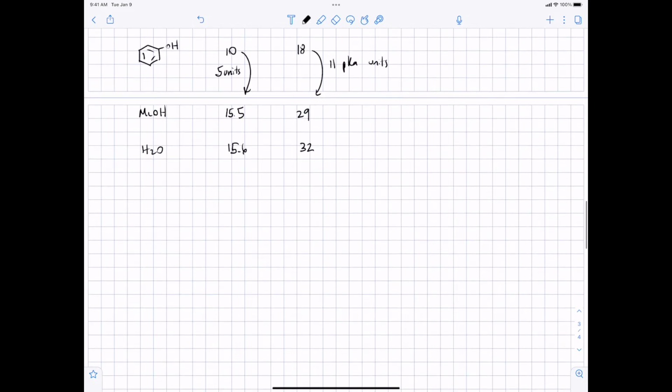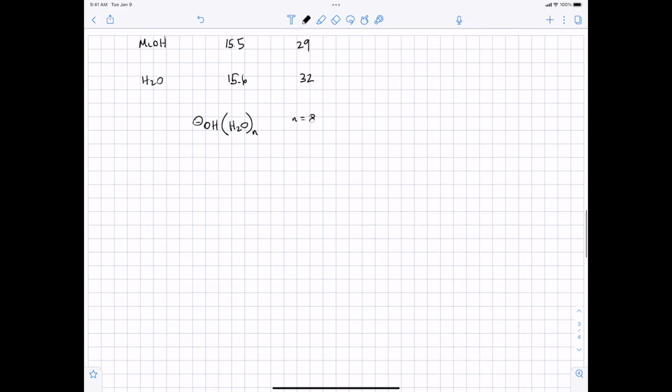And the idea is that in water, OH minus is highly solvated. In fact, instead of OH minus, it's really OH minus with several water molecules along, where n is around 8.